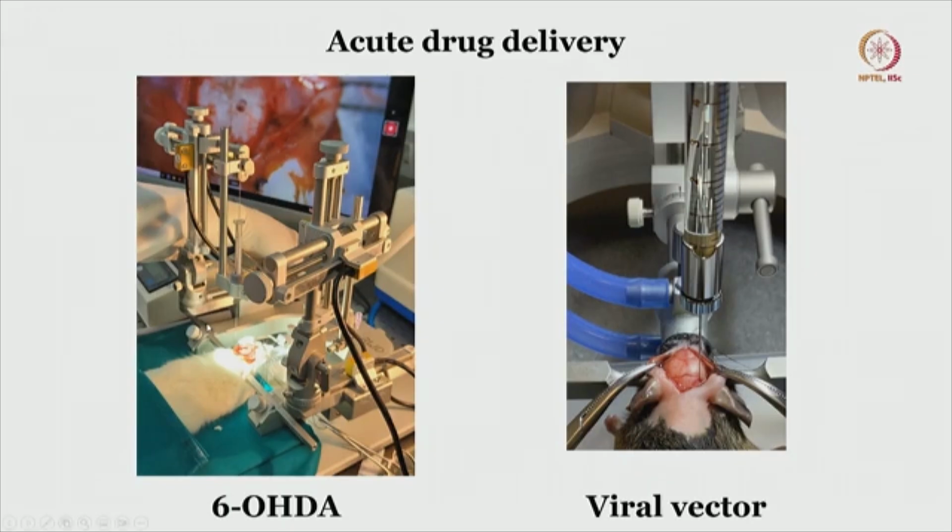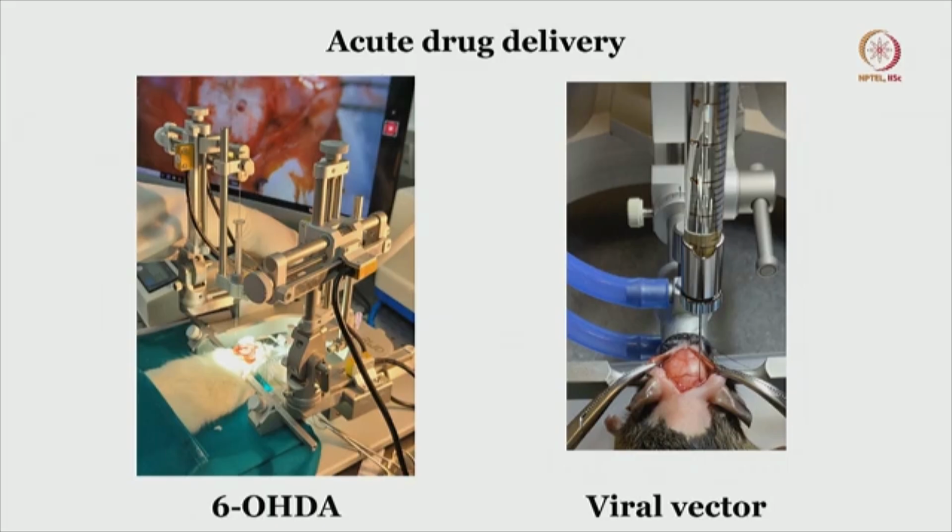So for example, if you instill it into the medial forebrain bundle, that is the structure in the basal ganglia, you will see a complete dopaminergic depletion and get a full-fledged Parkinsonian model. Whereas if you try and instill it into the striatum, corpus striatum, as you may remember the structure from the neuroanatomy session, if you instill the 6-OHDA into the striatum, you will get a partial dopaminergic loss and a partial effect of the Parkinsonian model.